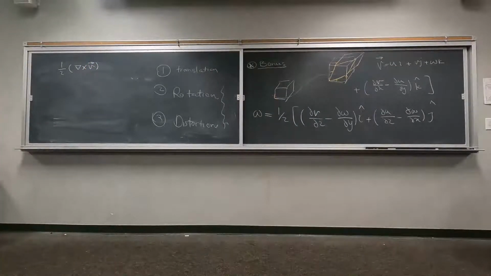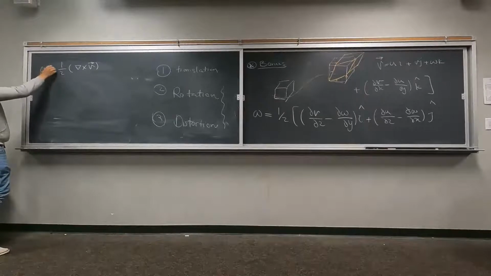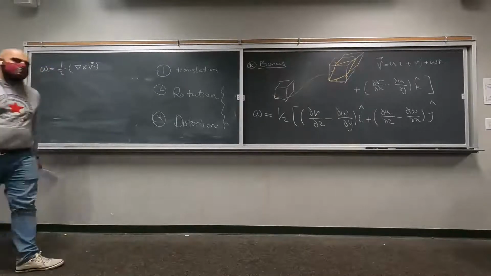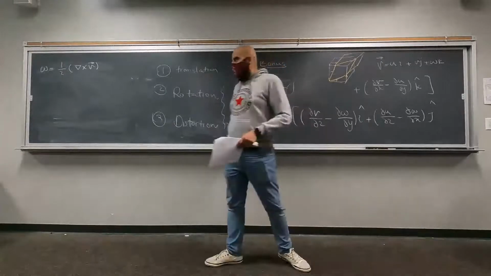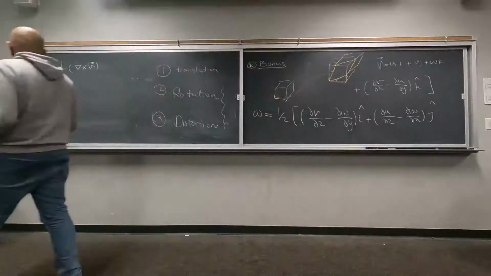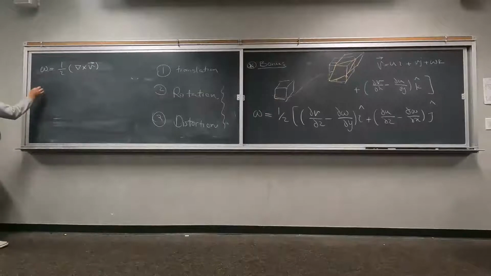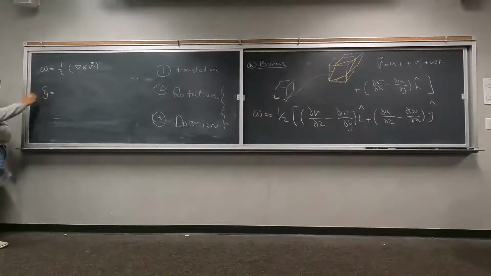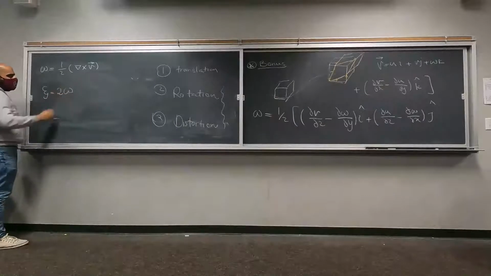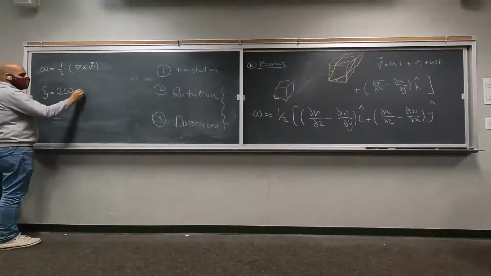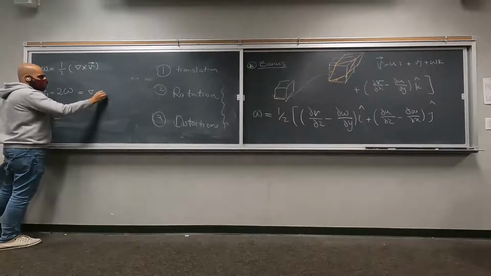So angular velocity is equal to 1/2 of curl of velocity vector. But something that is going to show up again and again in your calculation is a new parameter, epsilon, which is 2 times the angular velocity. So it is just the curl of your velocity.